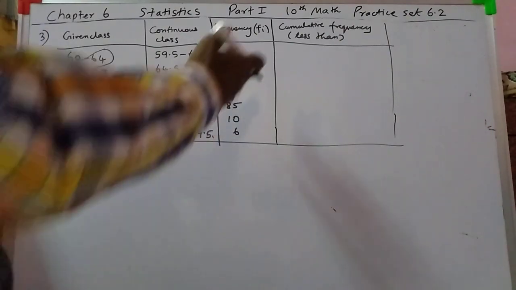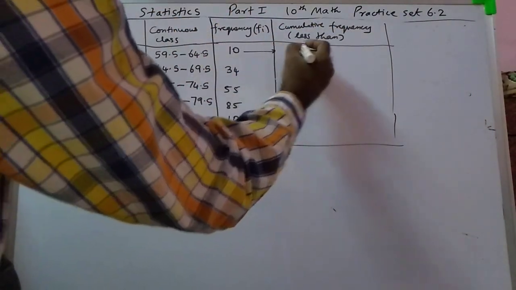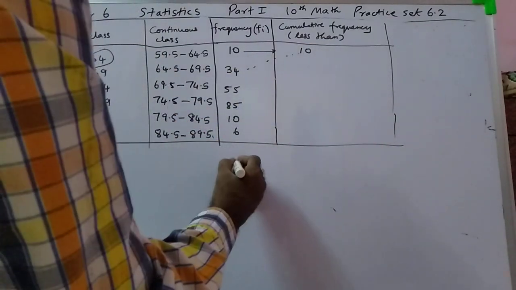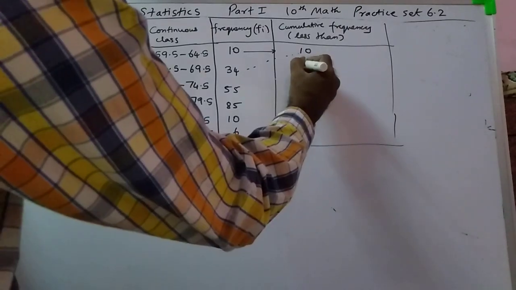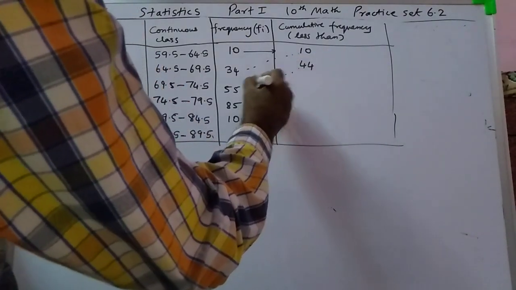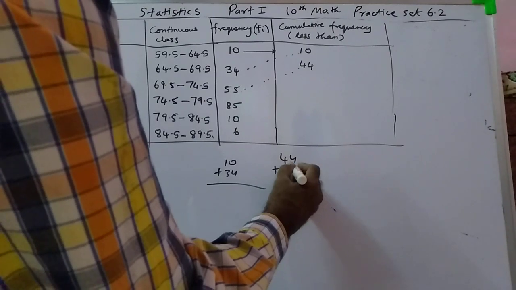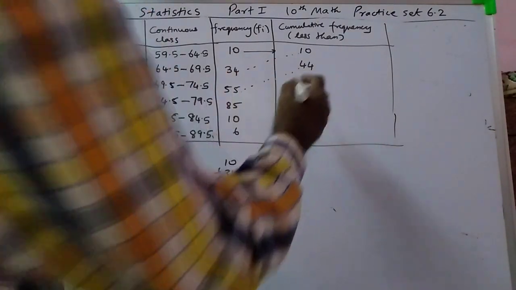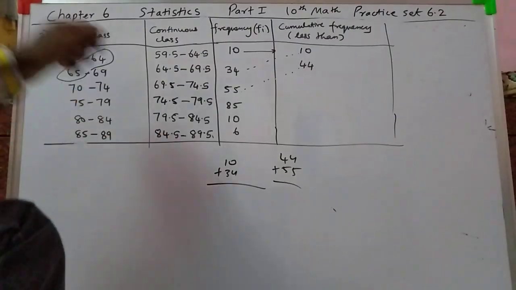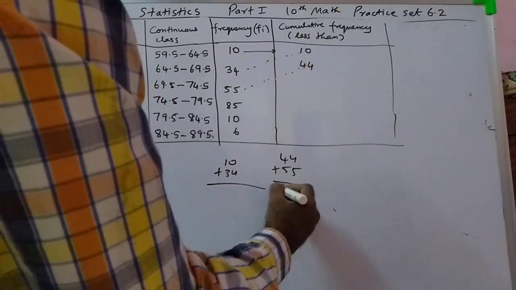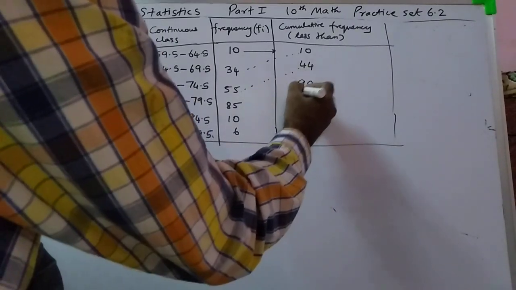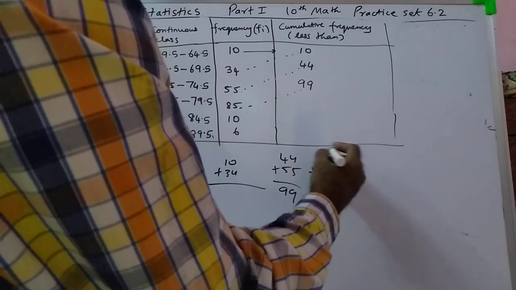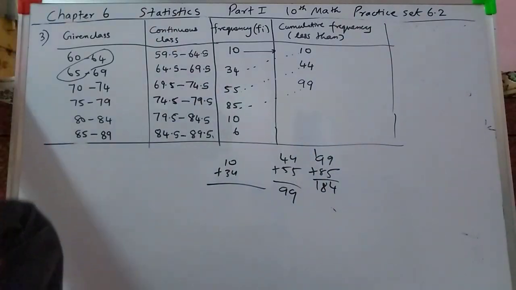Now let's calculate cumulative frequency. It will become 10. Then 10 plus 34, 44. And 44 plus 55, you will get 99. 99 plus 85, 184.